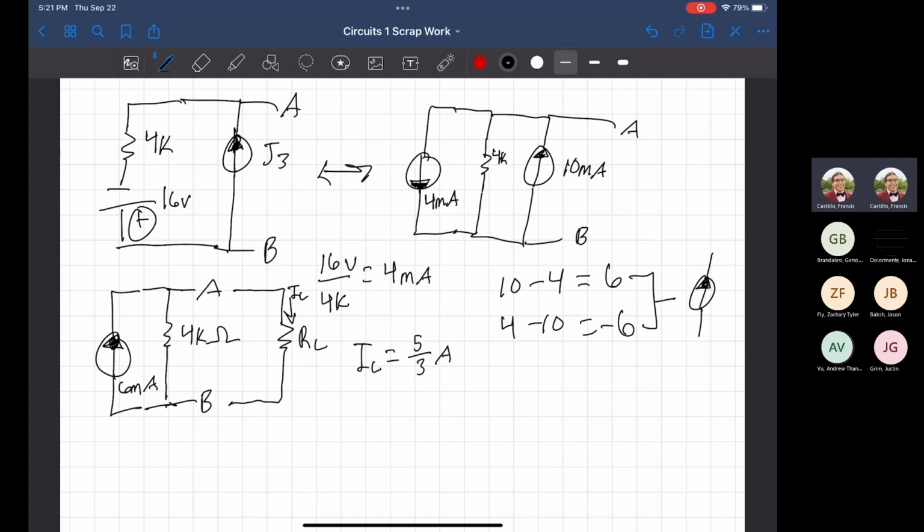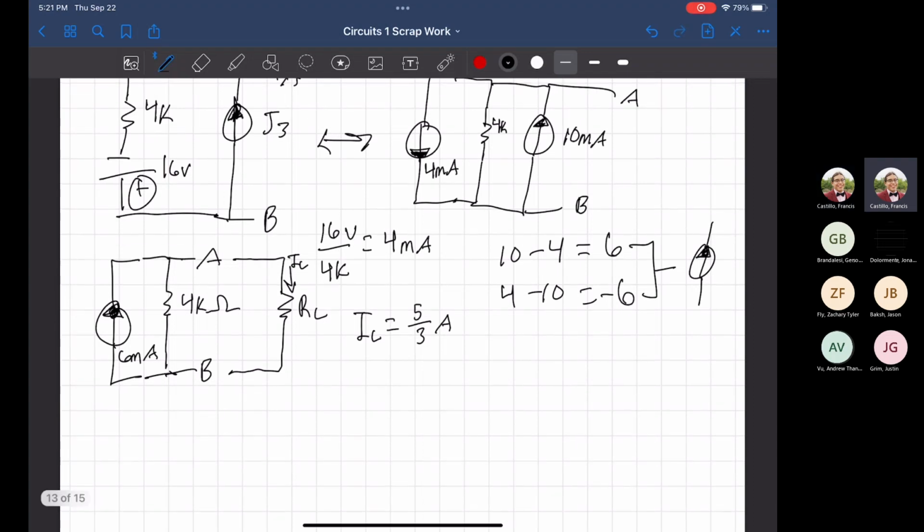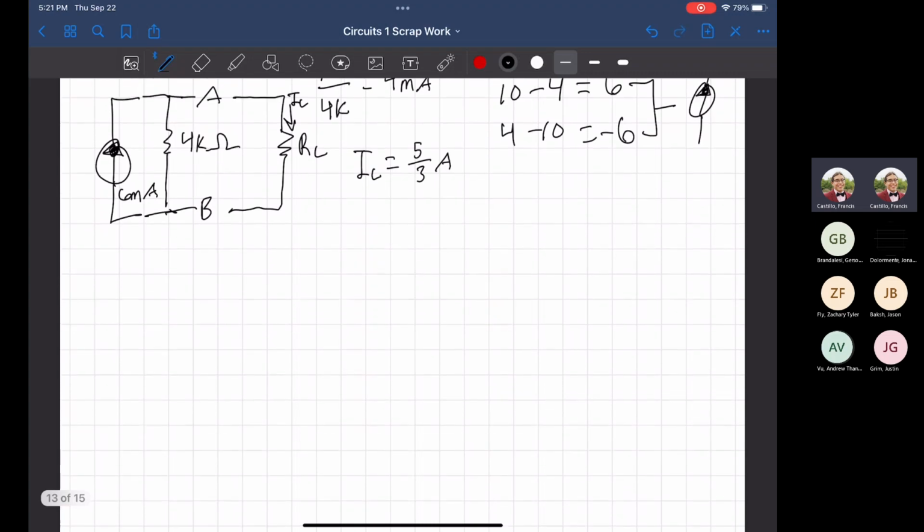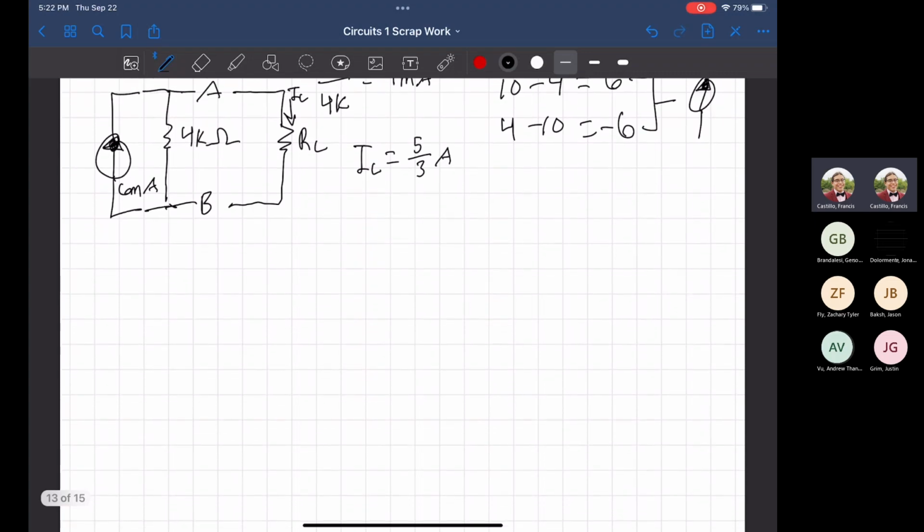Well, in this orientation, we have a current source and 2 resistors in parallel. The tool I want to use now is going to be a current divider. The equation that you guys are, well, I'm going to write it first, is going to be using JAB, which is just this one right here, because it's the current of that.